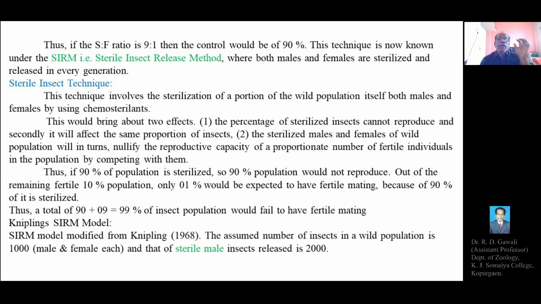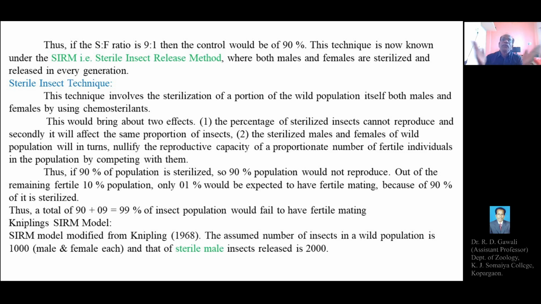When we release a 90% sterile population, males or females, in a fertile population, the fertile population will be only 10%, and among these 10%, the sterile insects can mate with the fertile population. So the probability of fertile mating is only 1%. Out of 10%, again 90% of matings will be sterile, and there is a chance of only 1% fertile mating.